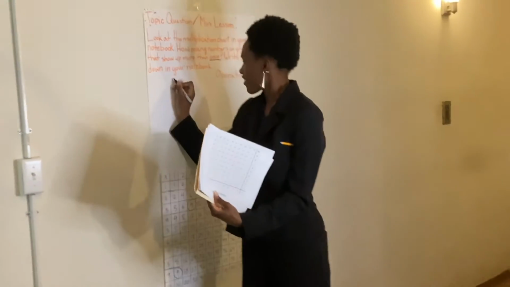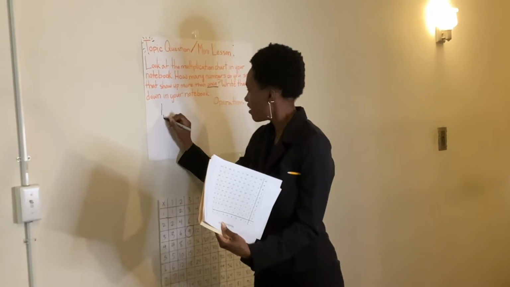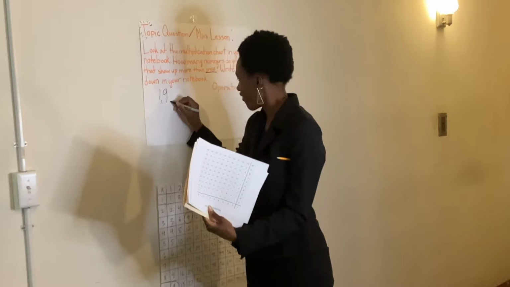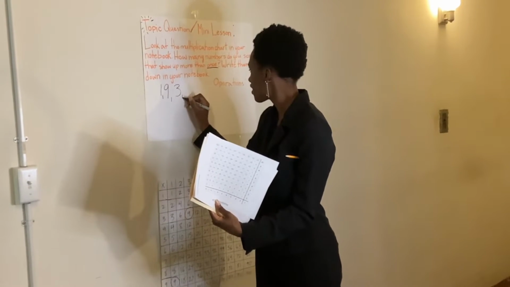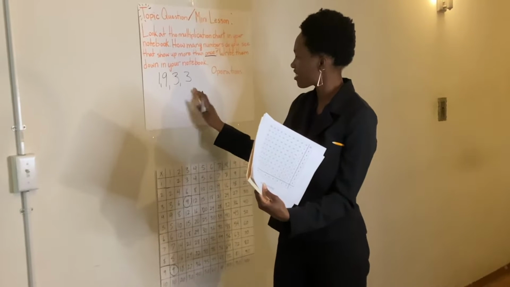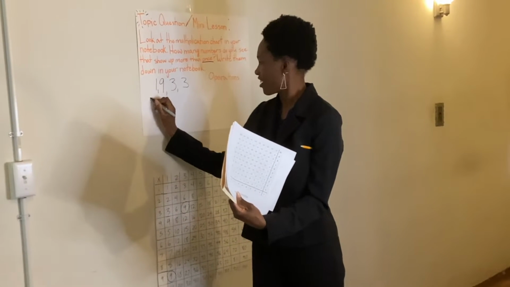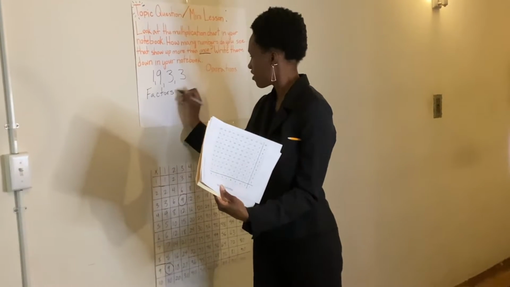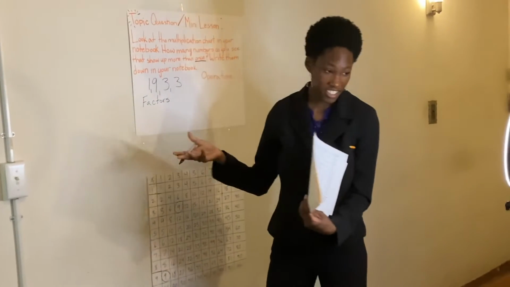In this, I'm going to put down 1 and 9. That's my first way. And then 3 and 3. That's my second way. So these are my 4 numbers. These 4 numbers are going to be my factors. And you want to know why these are my factors?